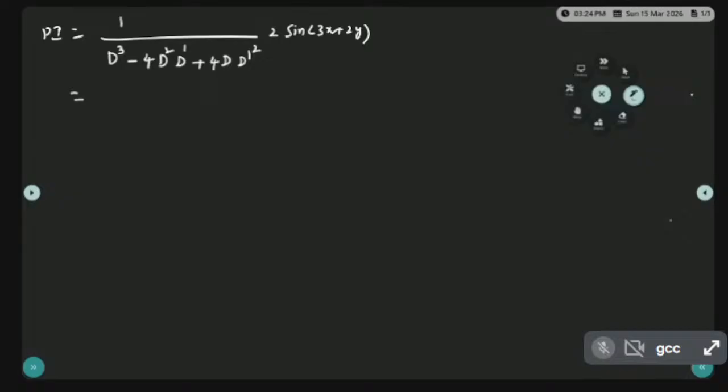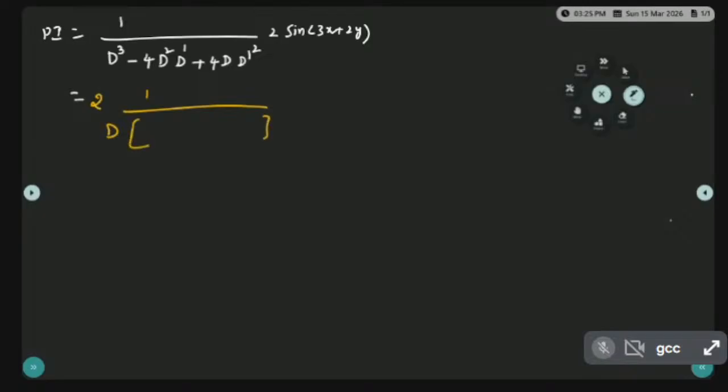Can you hear me? Now it's my turn. Concentrate on how to finish this problem. All of you stop writing and listen. First, 2 is a constant; I'm writing 2 outside. D common.